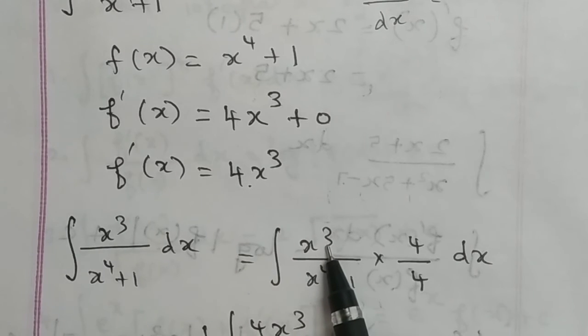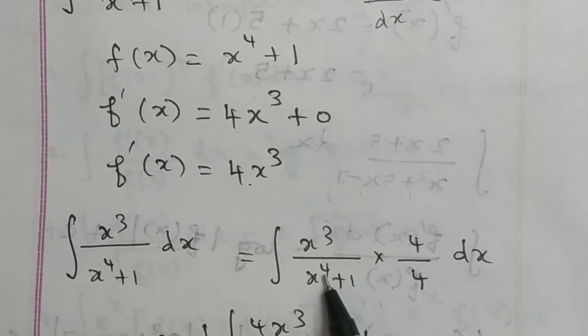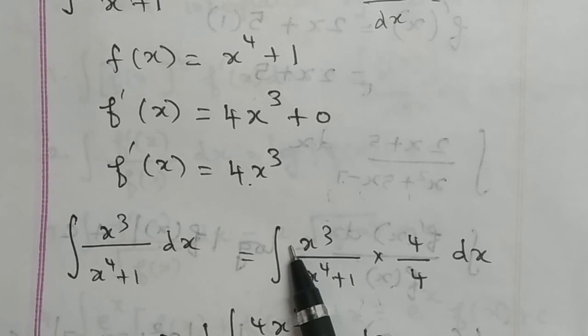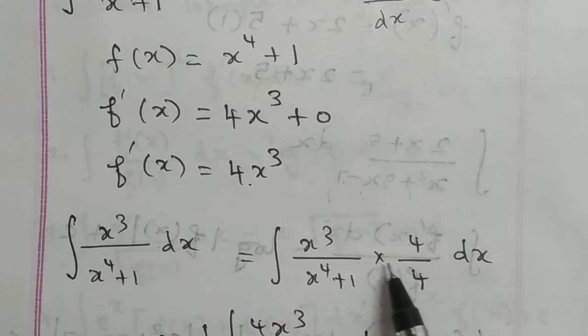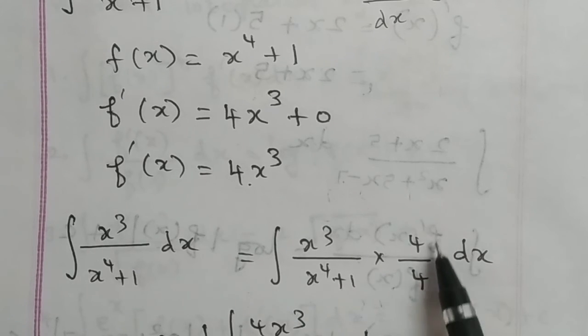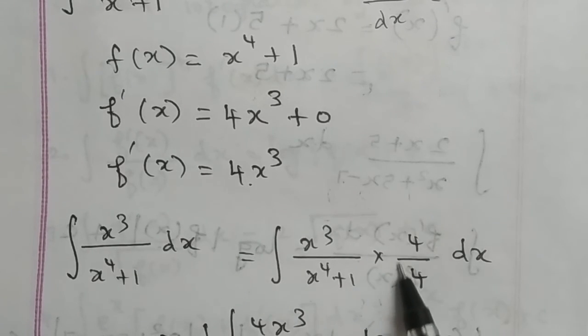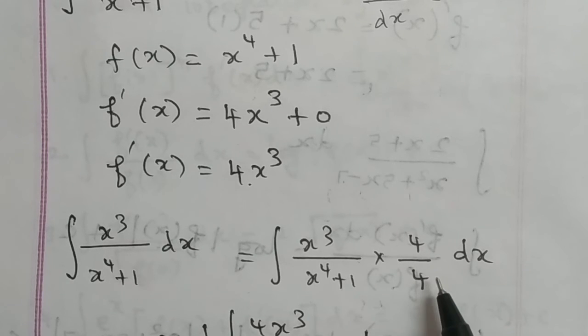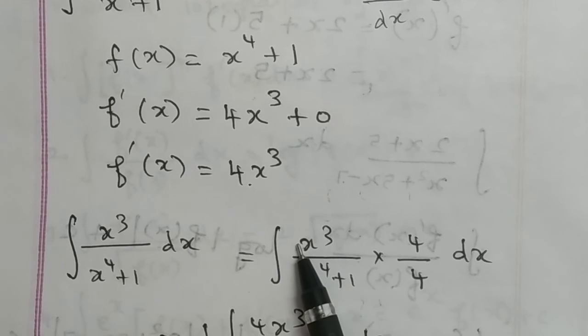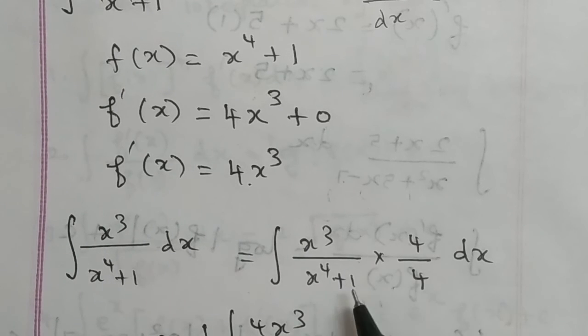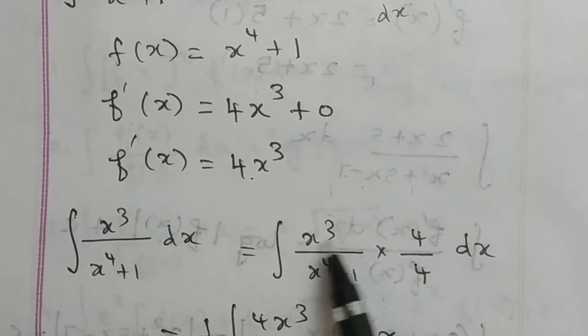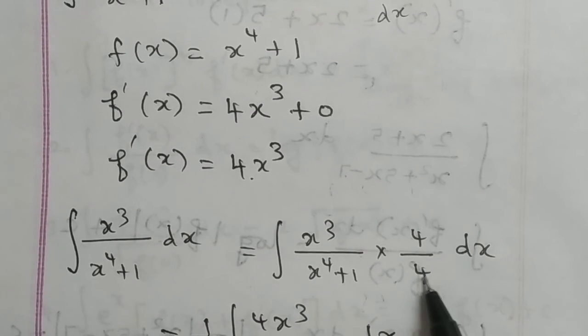In this question the 4 is not given, so we multiply and divide by 4. Why are we multiplying by 4 by 4? Because in this numerator there is no 4. So 4x cube, and this 4 is a constant in the denominator.